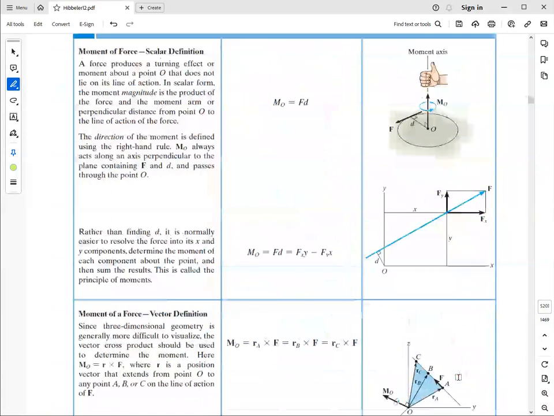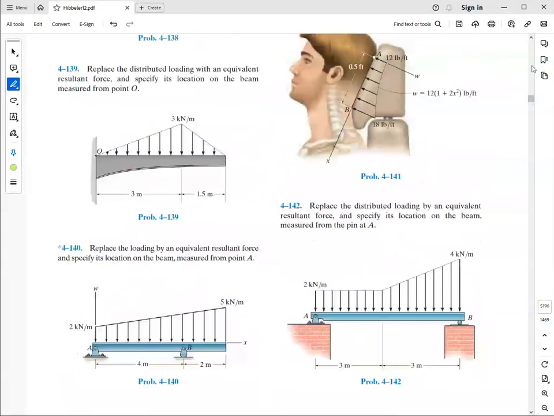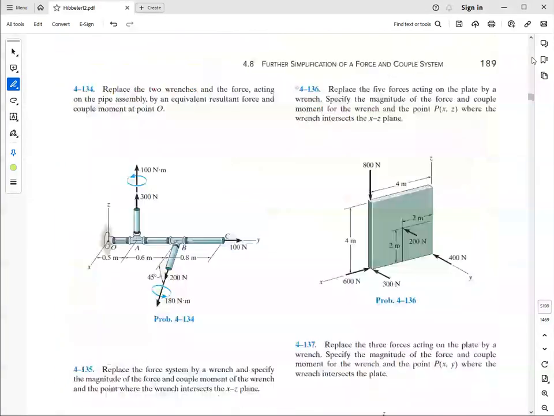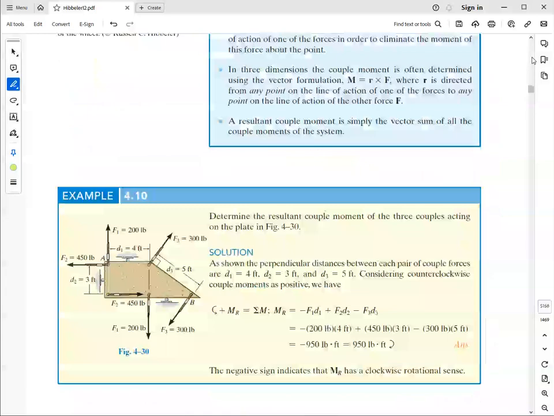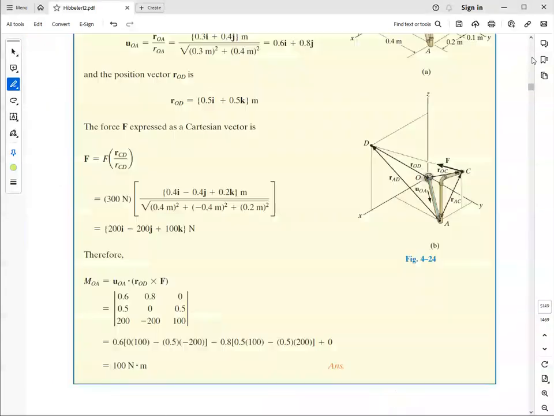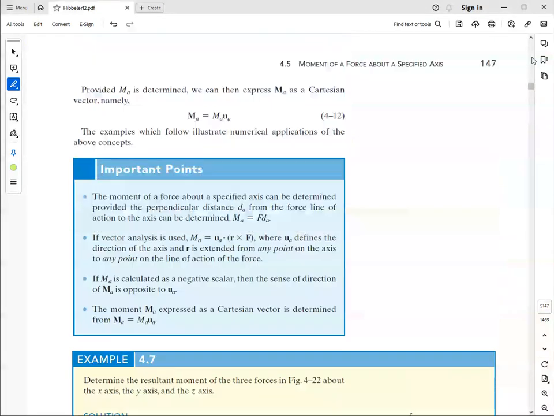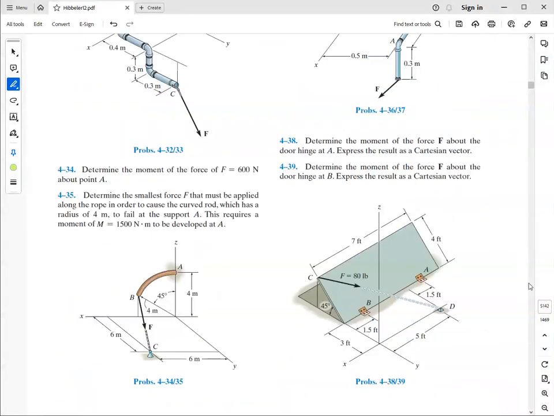Okay, so to introduce the concept of moment about an axis, I'm going to go to page 142, where there is an example problem that you had to solve. It's a good example in general to introduce the idea of evaluating moments about an axis.